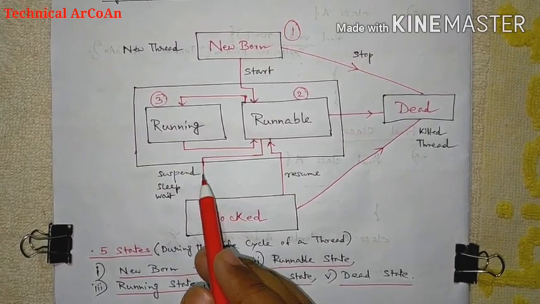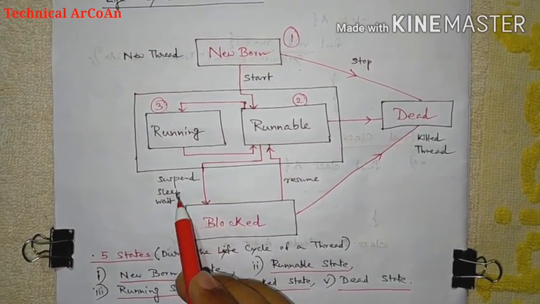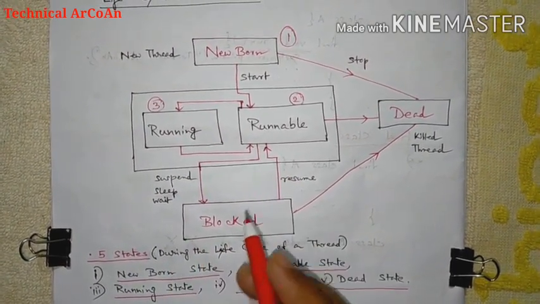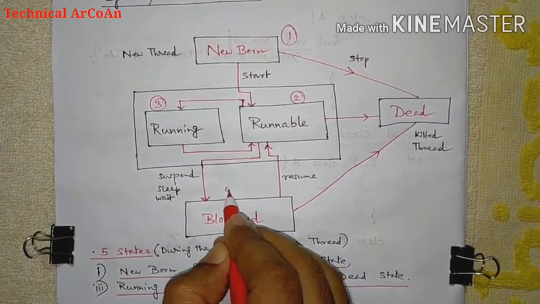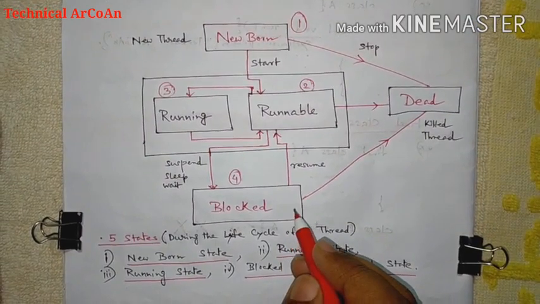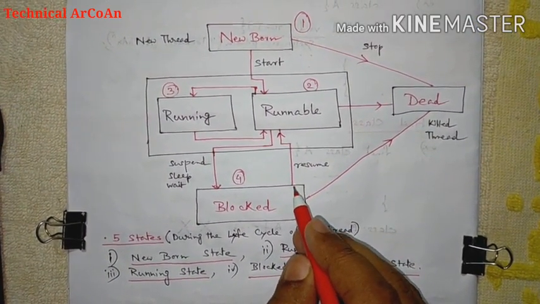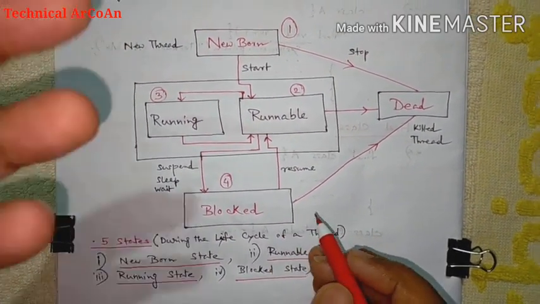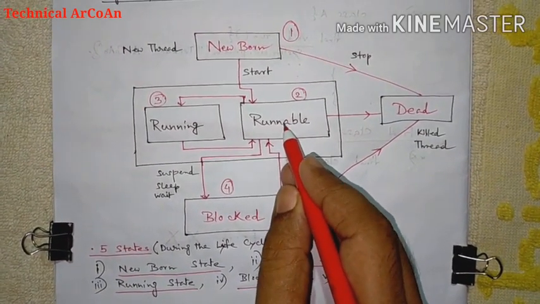If any suspend, sleep or wait is going on, then it goes to the blocked state. This is the 4th state, and when everything is complete, or it may happen that it resumes, then it goes to the runnable state.